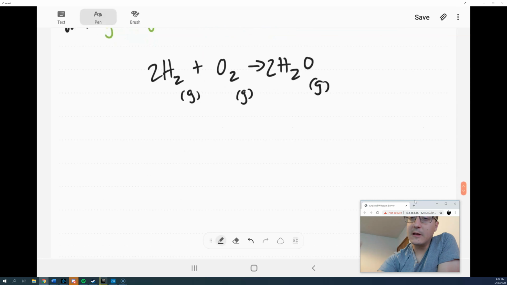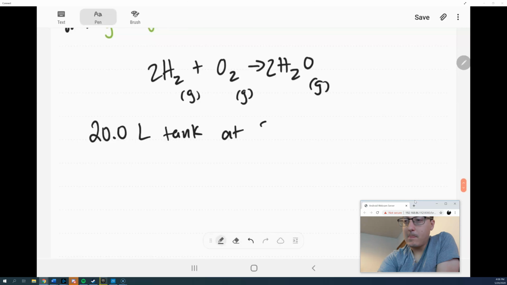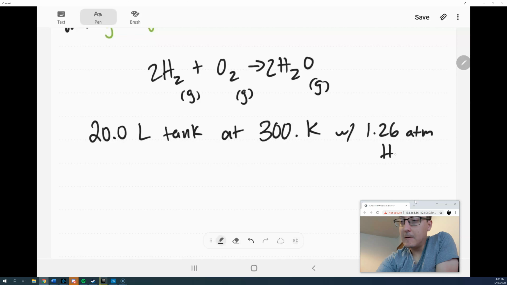Okay, so let's say we have a, I don't know, 20-liter tank at 300 Kelvin with 1.26 atmospheres hydrogen.